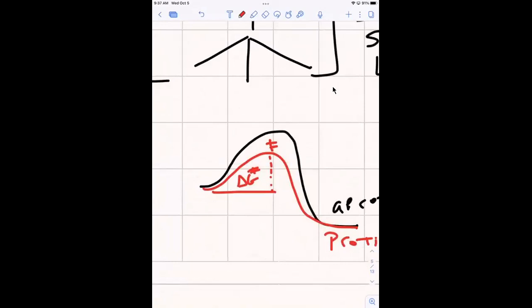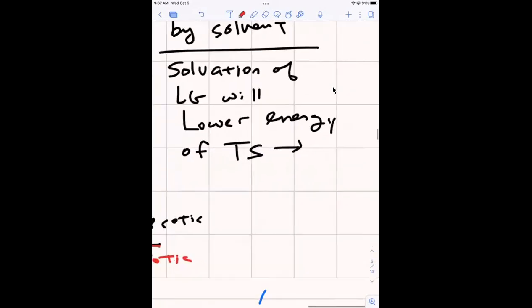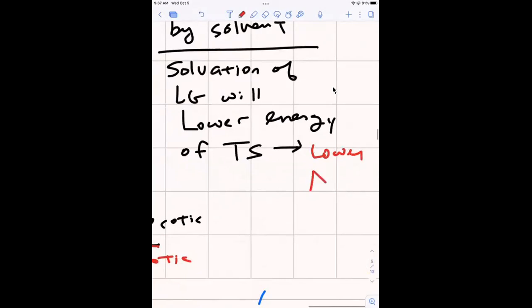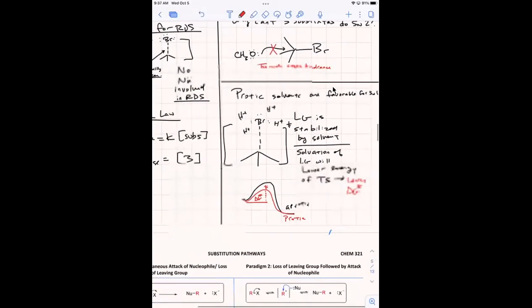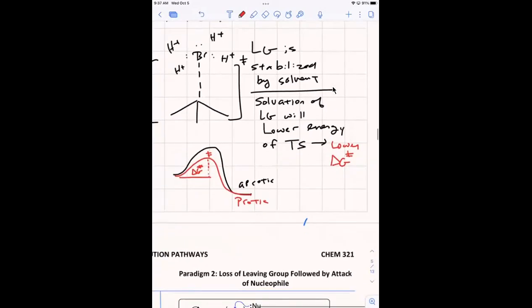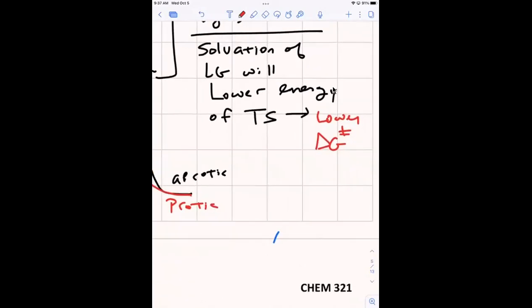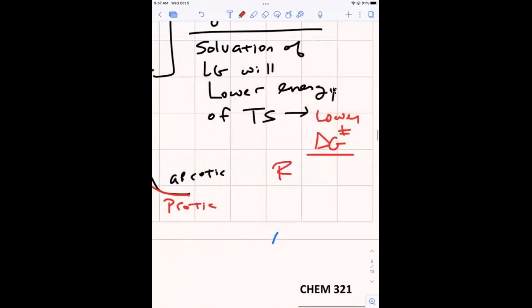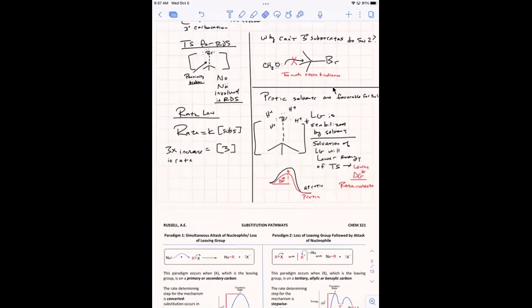So that's going to be lower. That's going to speed the reaction up. And if I lower the transition state energy and in turn lower the activation energy, then that's going to lead to a rate increase. Anytime I drop the activation energy, the rate is going to be accelerated. Anytime I raise the activation energy, the rate is going to be decreased.